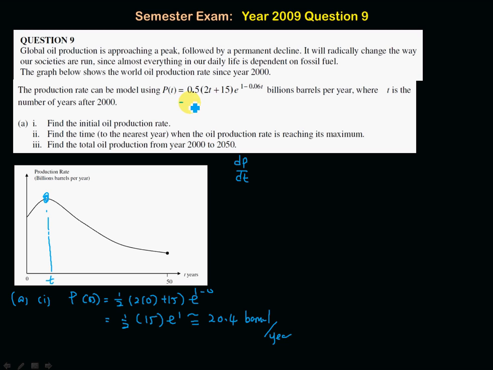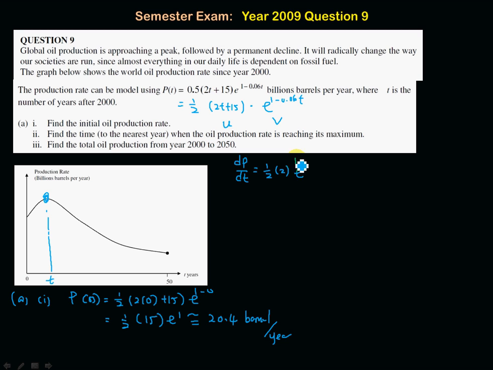Remember, this is actually 0.5(2t+15) times e to the power 1 minus 0.06t. I can let the first part be u and let e to the power 1 minus 0.06t be v, and use the product rule. So I get 2 times v plus u times dv/dx. I'm going to do that first.